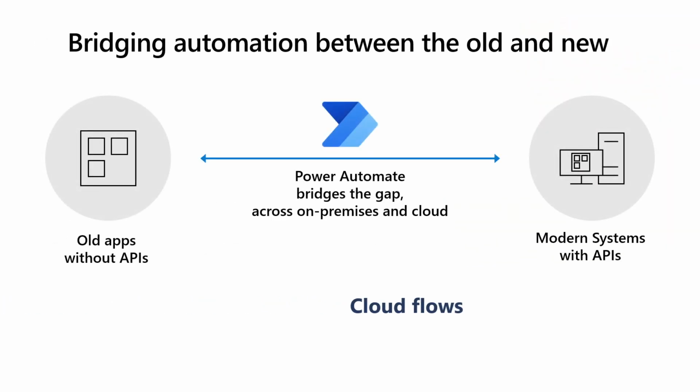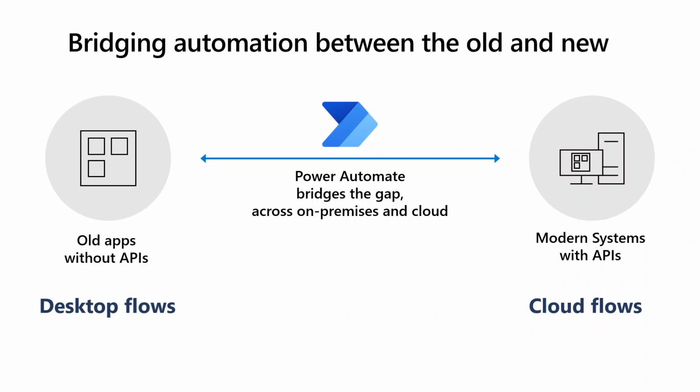And what is key here is that cloud flows are for modern systems that have these APIs, and desktop flows are for old apps that don't have APIs, or they might have really complex APIs, or the API doesn't do a particular thing that you need to do. APIs have capabilities. Sometimes you might need to do a certain piece of a workflow using RPA and desktop flows.